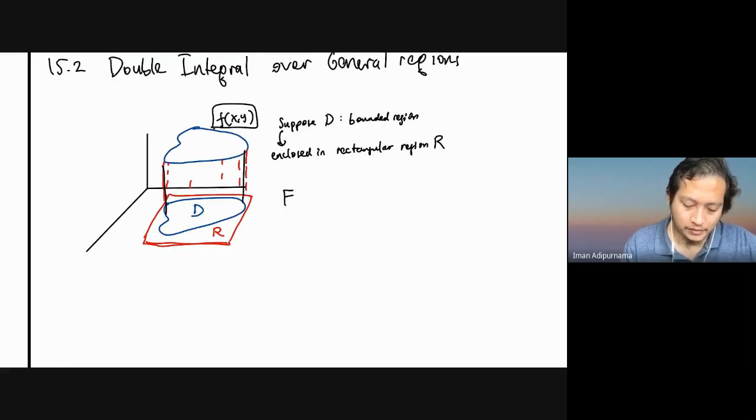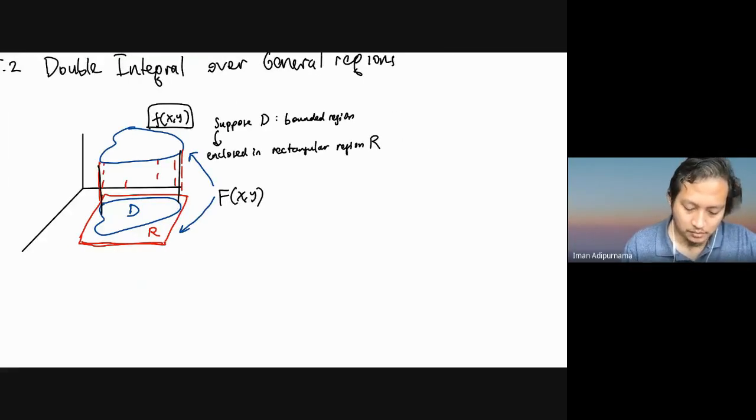Let's say the big F. This function describes the small f and also the region R.